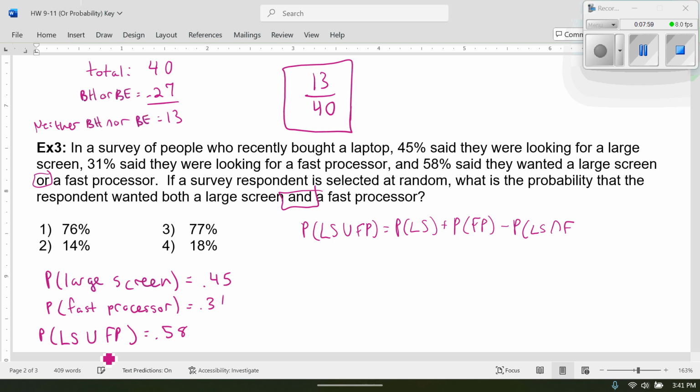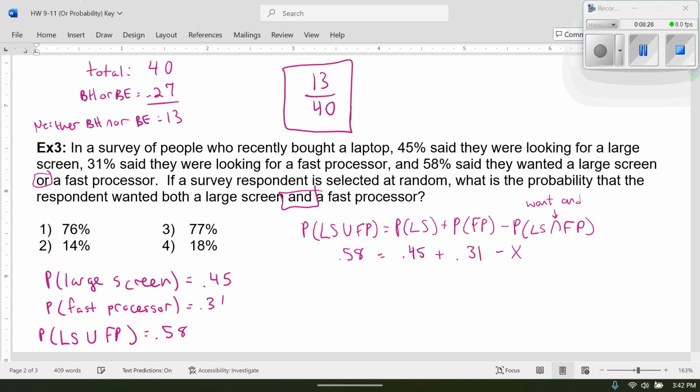There we go. So what we want is this AND probability. We know that OR is 0.58. The probability of large screen is 0.45. The probability of fast processor is 0.31. And we want this.